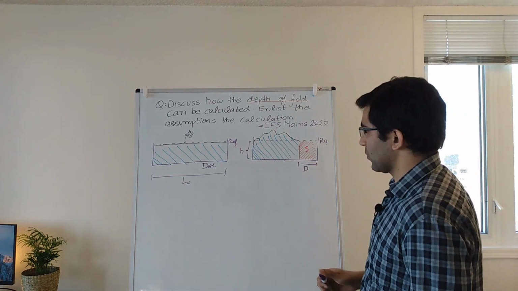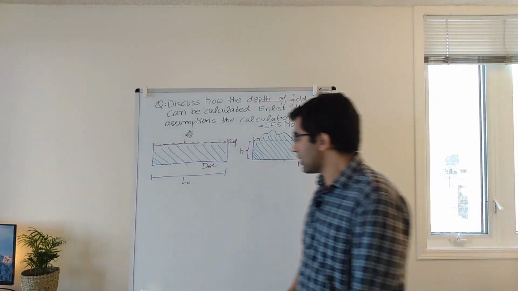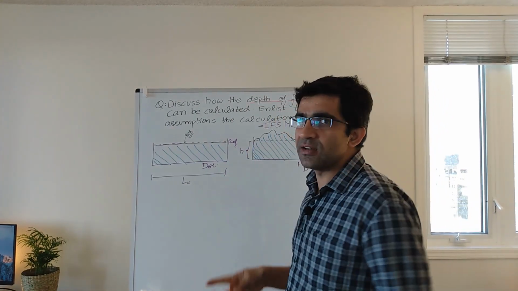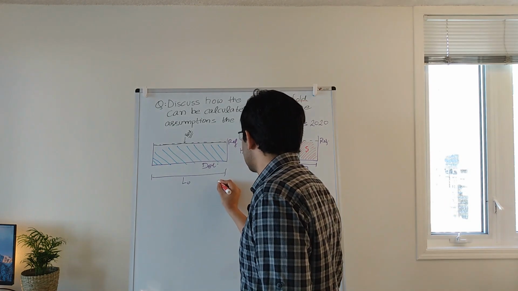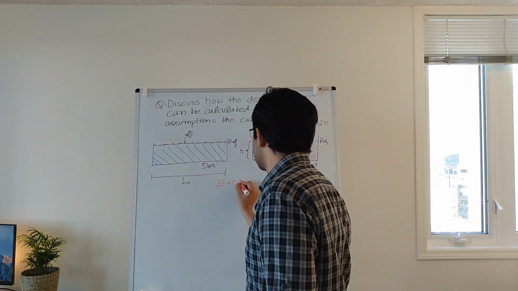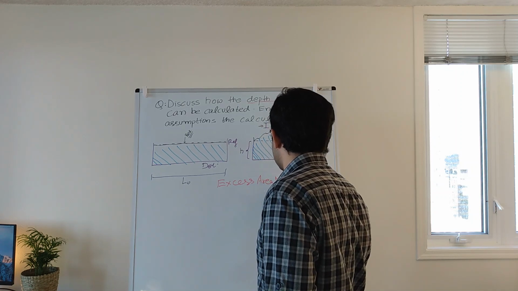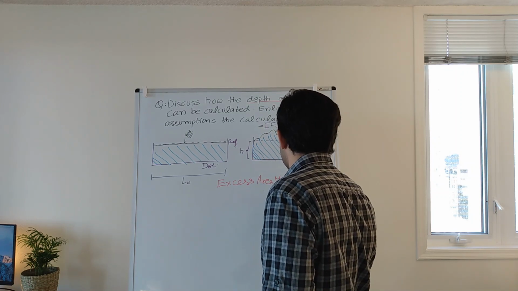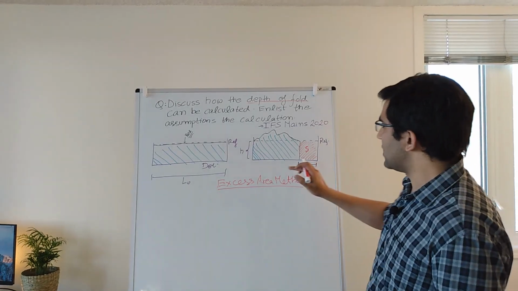And the method that we will use to calculate depth of fold, I will write the name of that method. The method is called the excess area method. That is the name of the method which we use to calculate the depth to detachment.